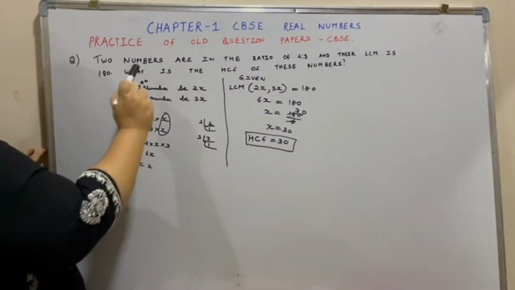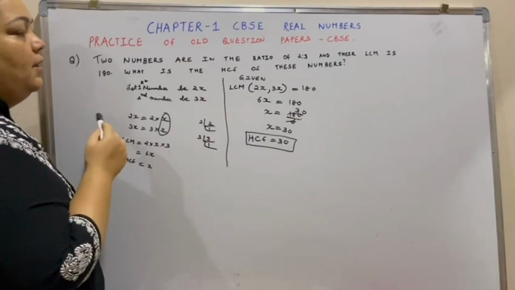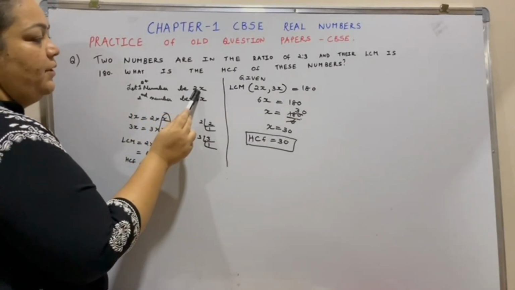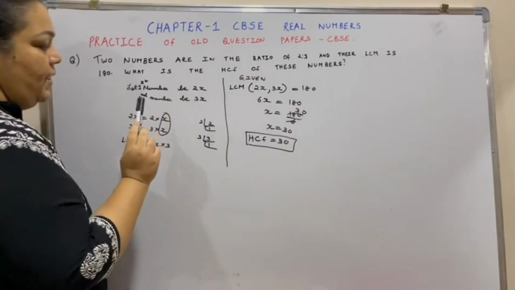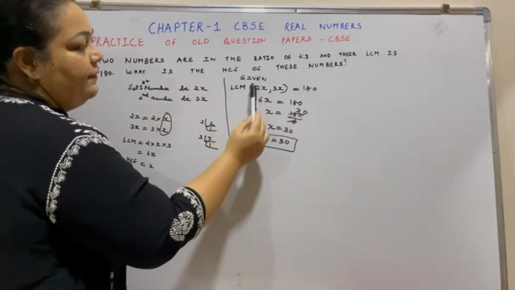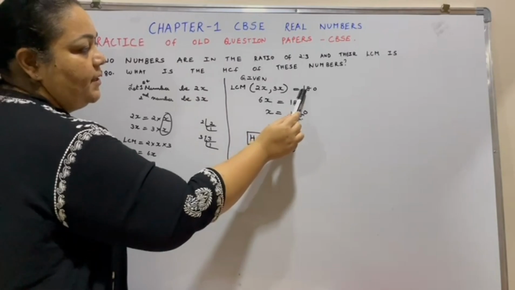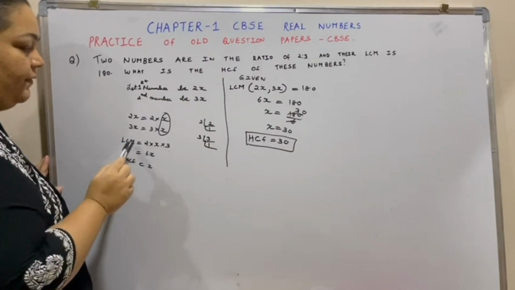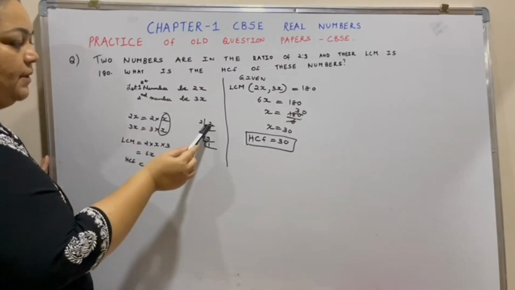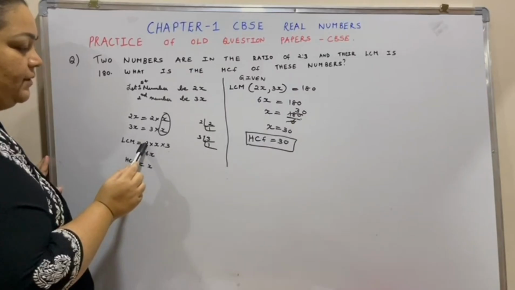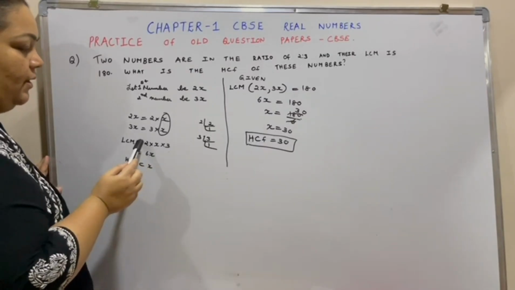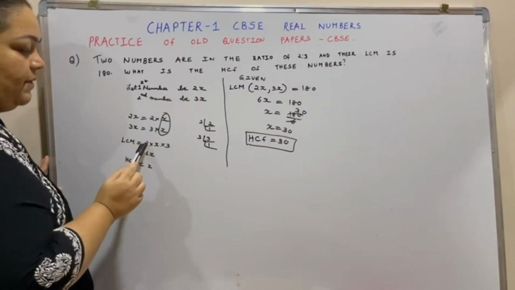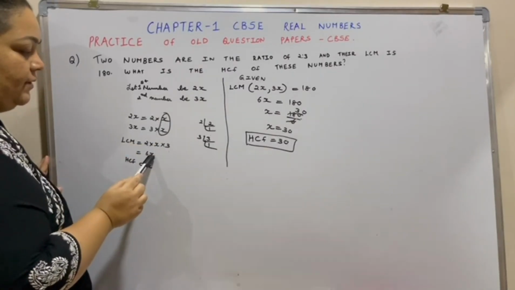Two numbers in the ratio of 2 is to 3. So we are assuming the first number will be 2x and the second number will be 3x. And the LCM, they are given LCM of 2x comma 3x is equal to 180. Now we found the LCM and HCF. How did you find the LCM? By using the prime factorization method. LCM is equal to 2 into x into 3. We have taken all the individual species, and this is 6x.